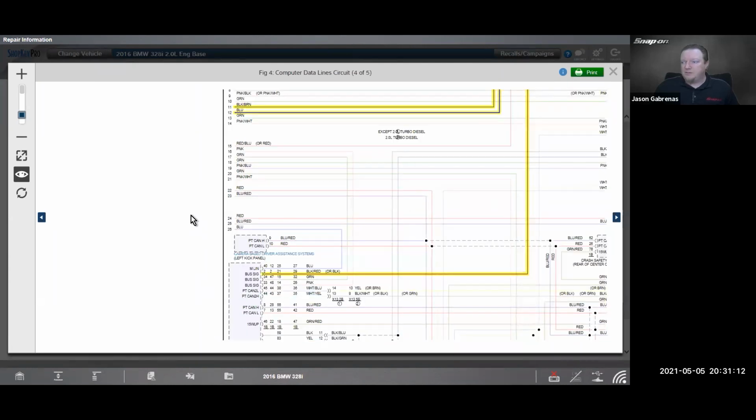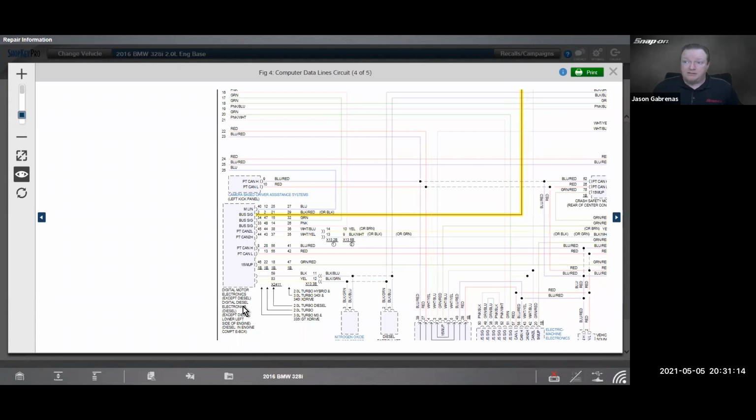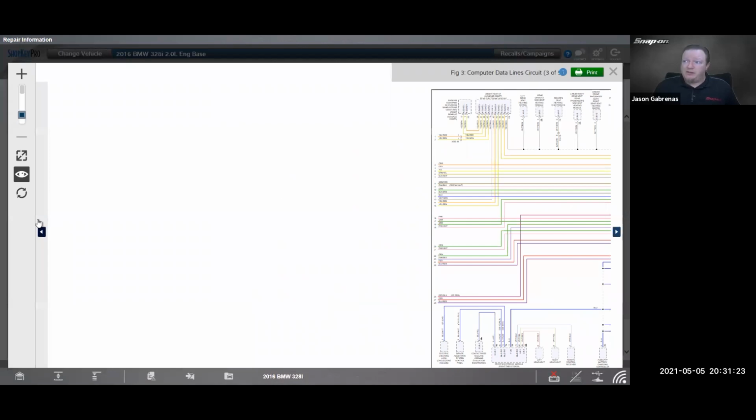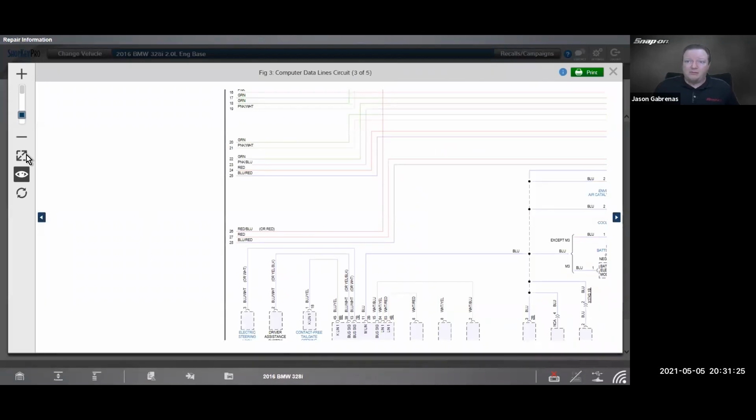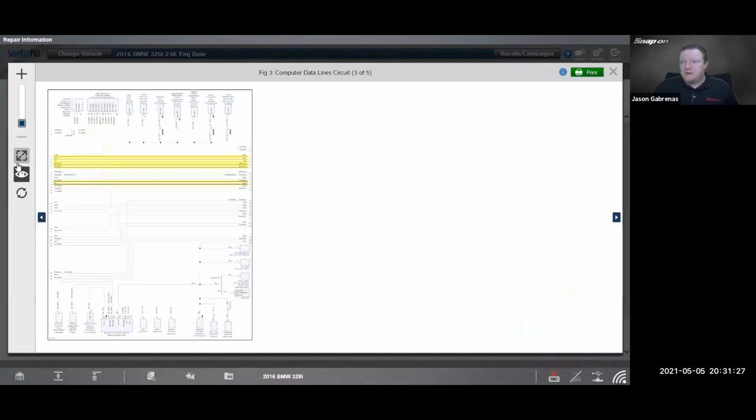What is this thing? That's the DME. So that goes directly to the computer. So that goes directly to the engine computer there. Where do the other lines go? They're going to go to other modules, right? So I'm guessing on the left-hand side, there's probably a gateway module in here somewhere. Let's see, go across that page.